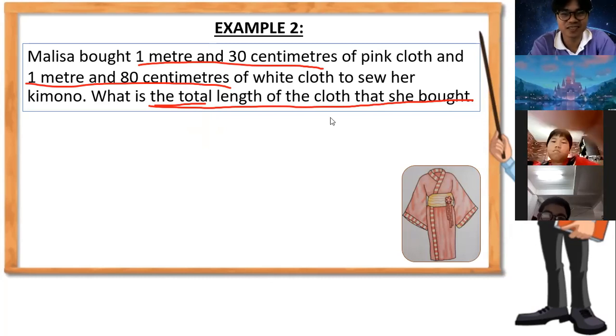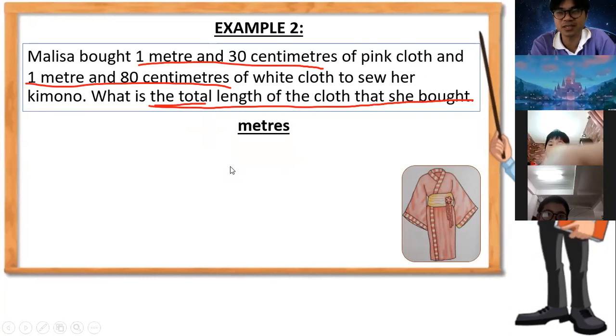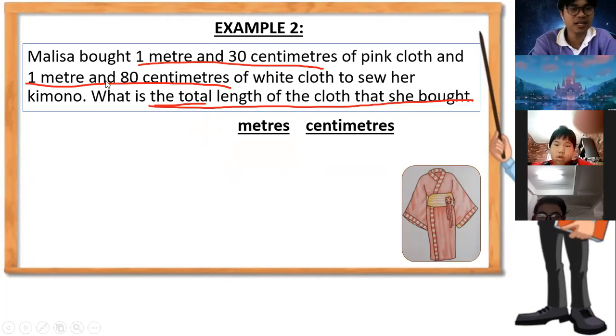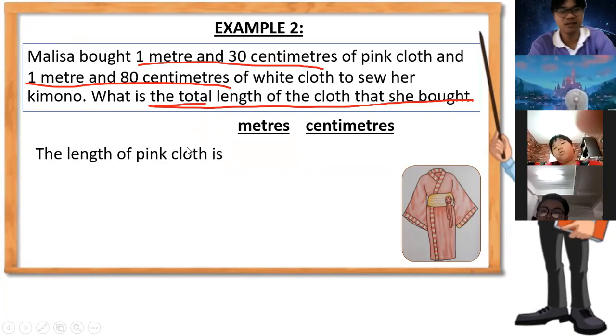The same steps, right? Put the numbers in line with the meters and centimeters. Let's go to the first statement. Melissa bought 1 meter and 30 centimeters; this is the length of the pink cloth.